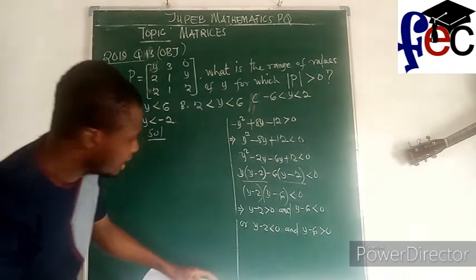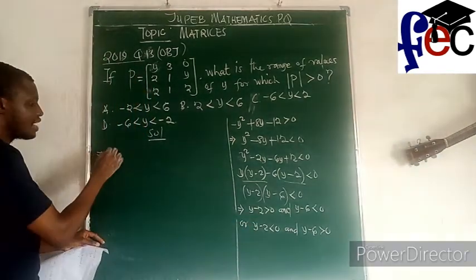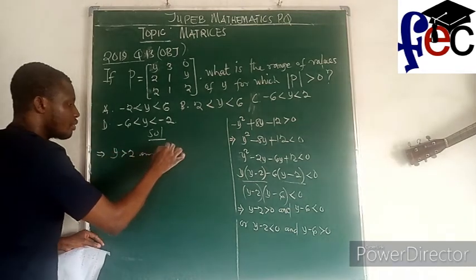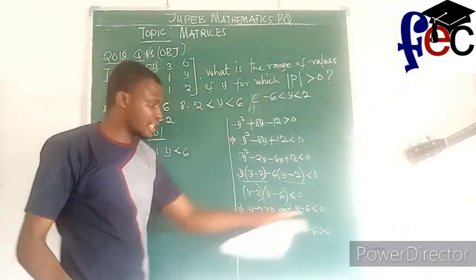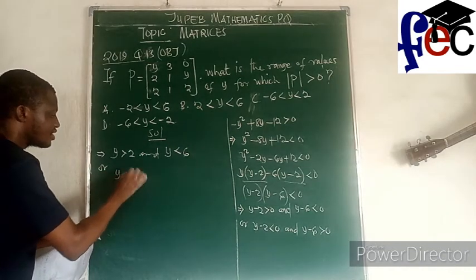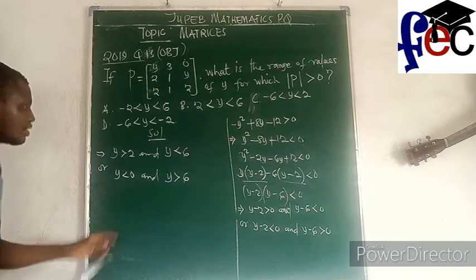So for this one, it implies I will have y is greater than 2 and y is less than 6, adding 2 to both sides and 6 to both sides, or y is less than 2 and y is greater than 6. Now check it.